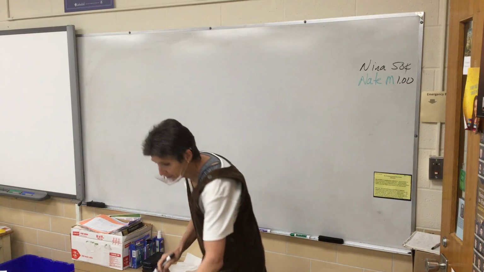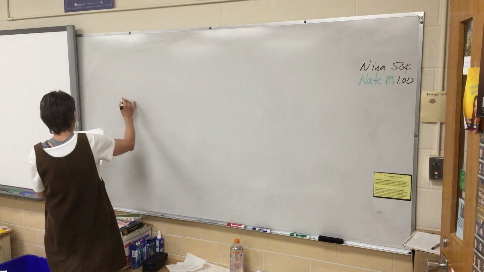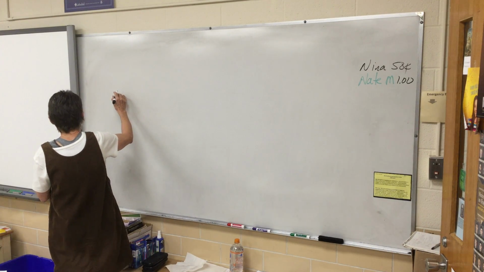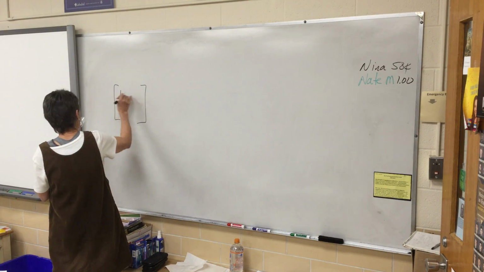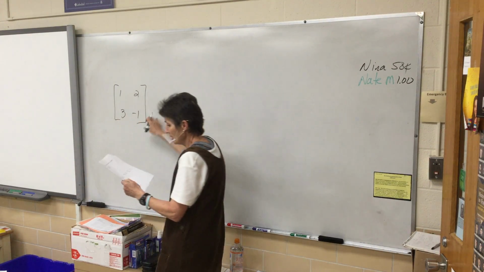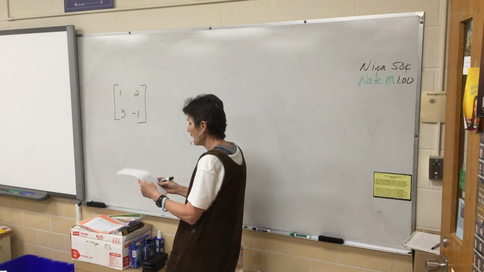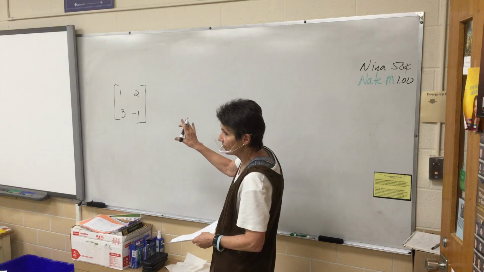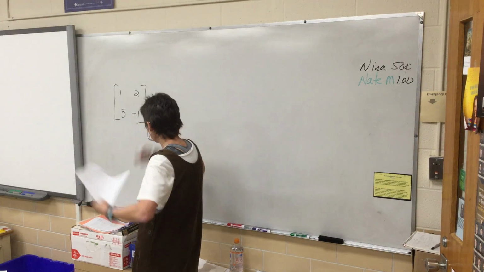So to find the answer to the problem, remember that here's our coefficient matrix. That's the coefficients for the problem at the top on the back of page 2. So I'm going to find the inverse of that. So it's exactly what I just did.